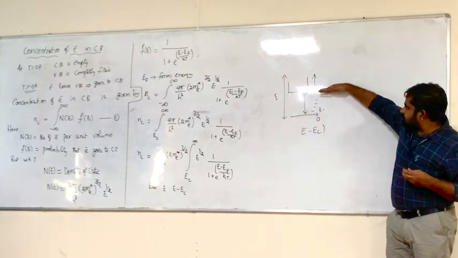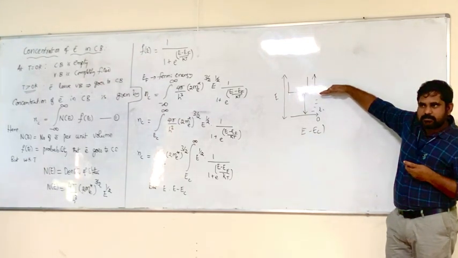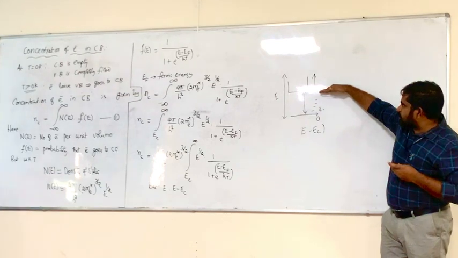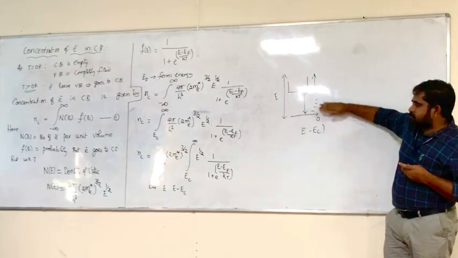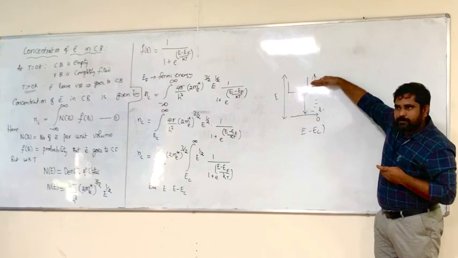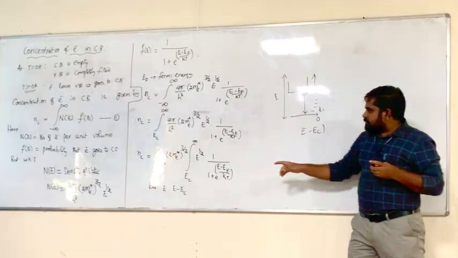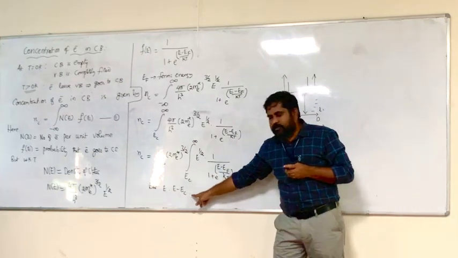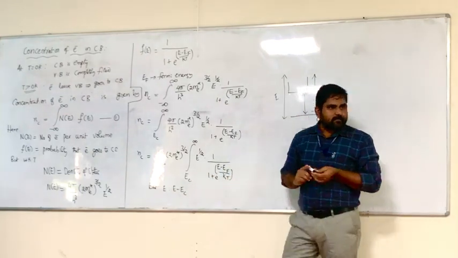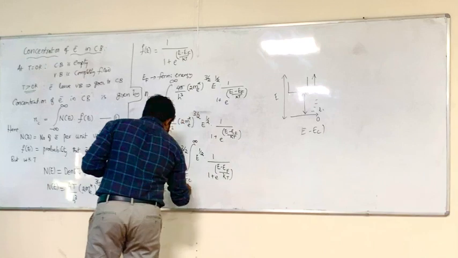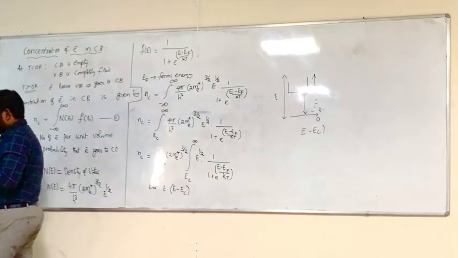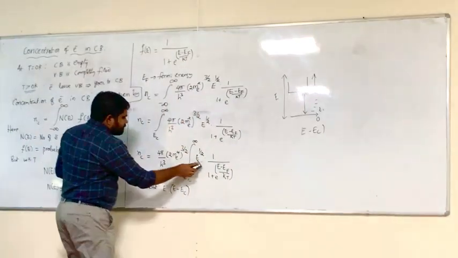This is the lower limit of energies. You are subtracting the lower limit from the total energy. If you subtract all these things, you will end up with the conduction band energy only. That is our focus. So instead of E, now I need to take E minus EC. Let us replace E with E minus EC there. Then how does it modify?